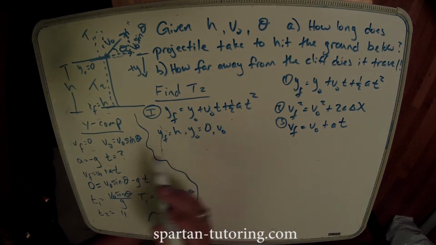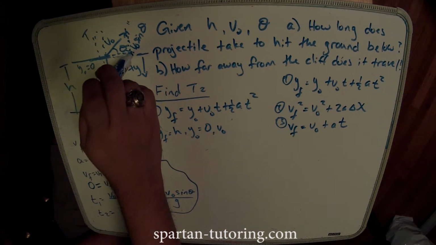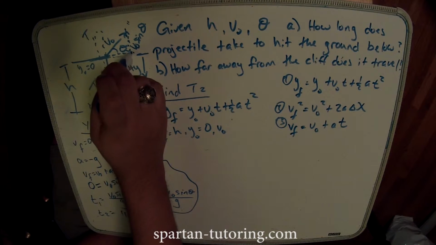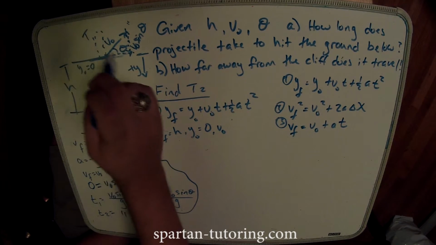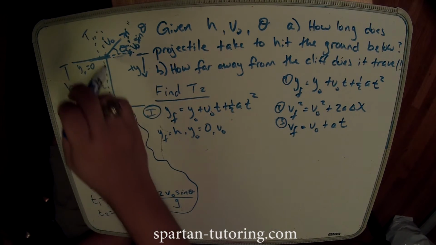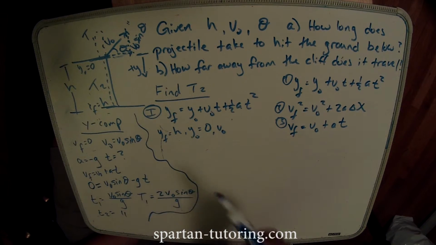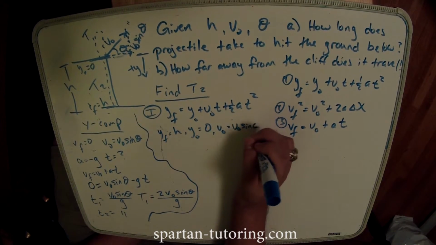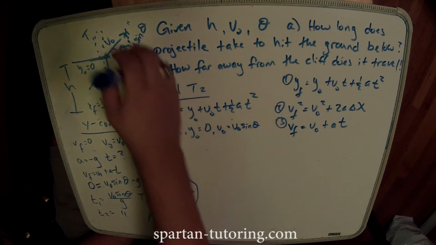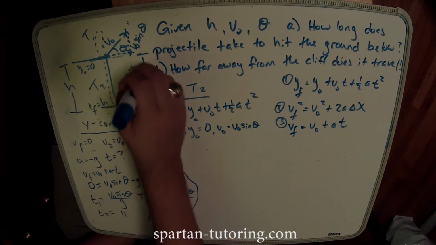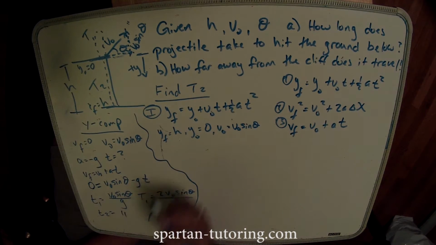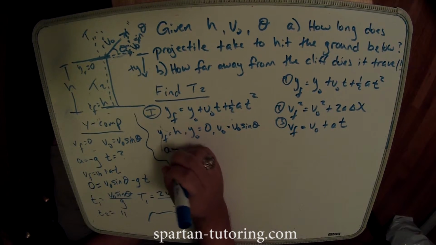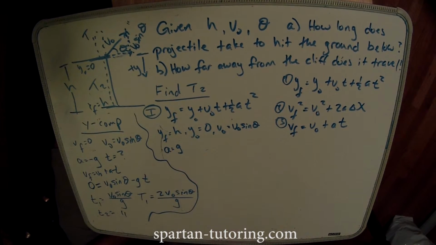Now v naught is the exact same. The velocity going up at that point will be the exact same velocity going down at this point. So this v naught is still v naught sine theta, and it's positive because even though it's pointing down, I called this the positive y direction, and then a this time will be a positive g.